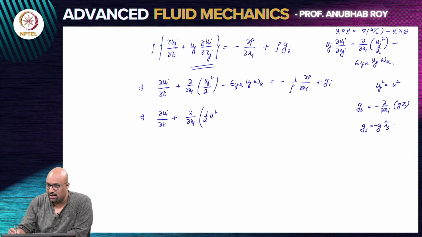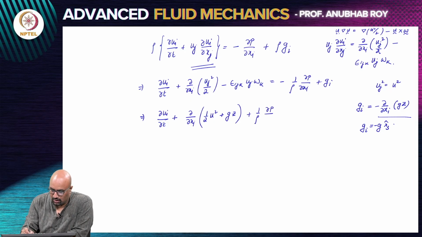So the acceleration due to gravity can be written as minus gradient of gz. So if I bring it to the left hand side, I have plus gradient of gz plus 1 over rho ∂p/∂x_i equals epsilon_ijk u_j omega_k.